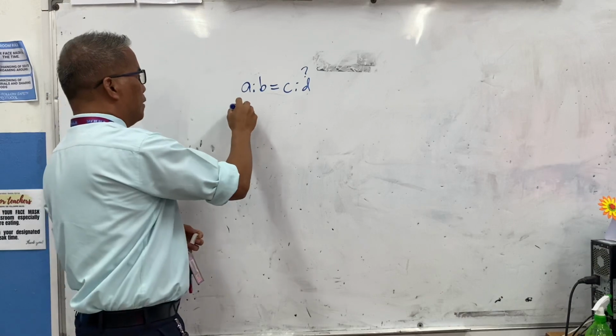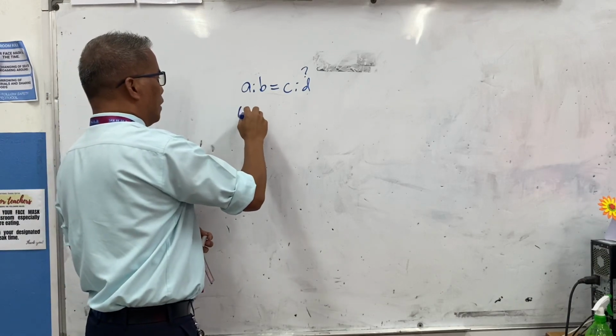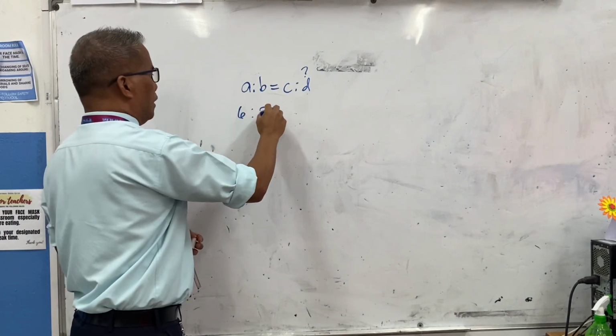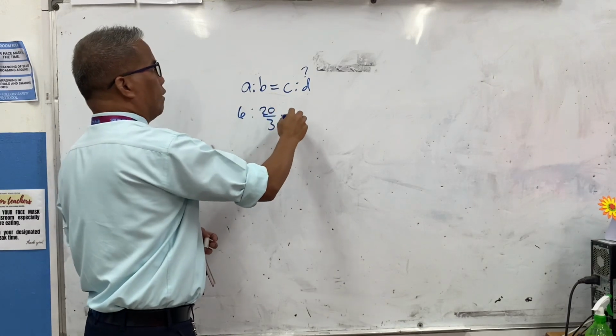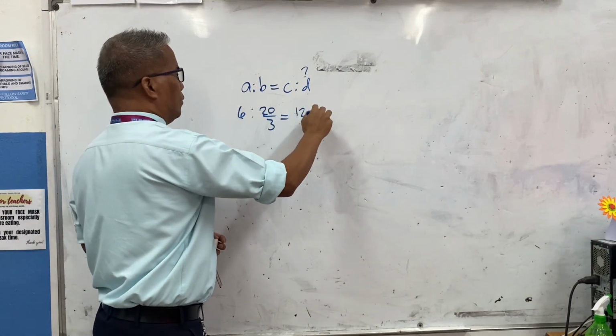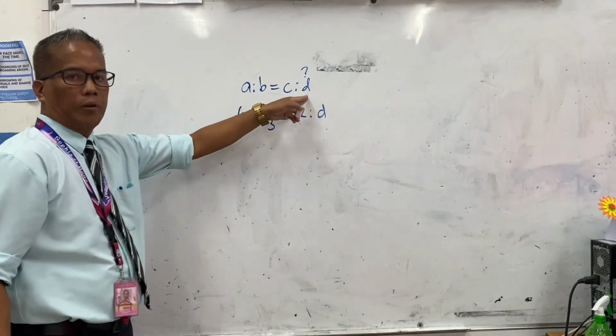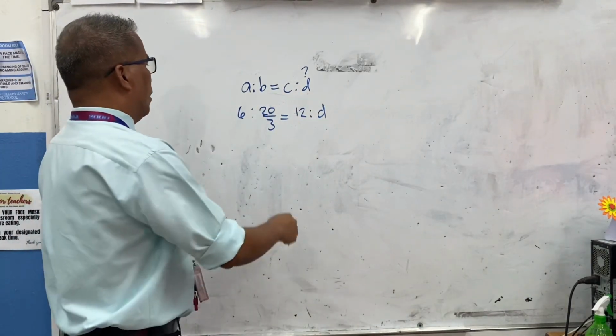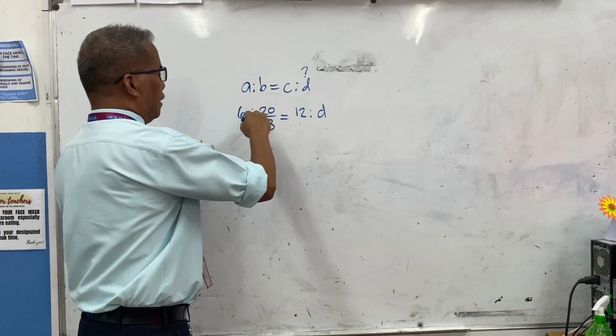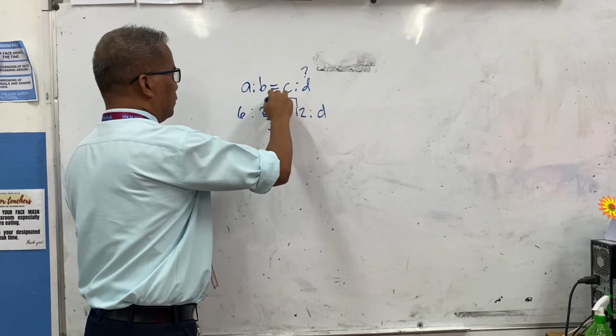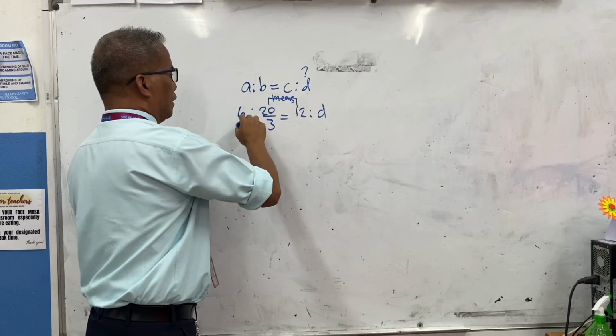So we have 6 is to 20 over 3 equals 12 is to D. Let D be the fourth proportional. Now we will multiply the means and the extremes.